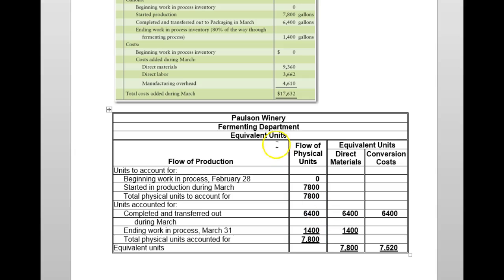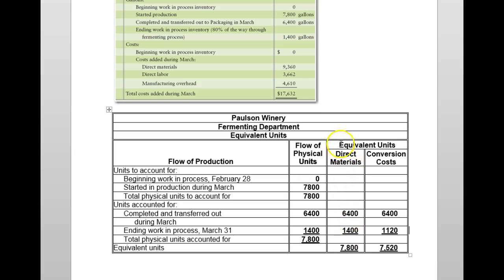They tell you that all of their direct material is there. But of the conversion costs, only 80% is complete. So if you multiply 80% times 1,400, you come up with 1,120. So now we've accounted for those in process and those transferred out.